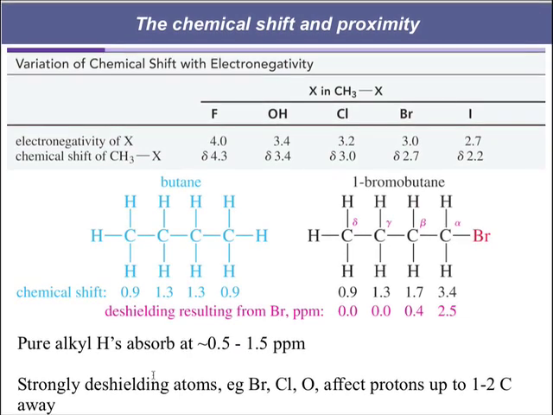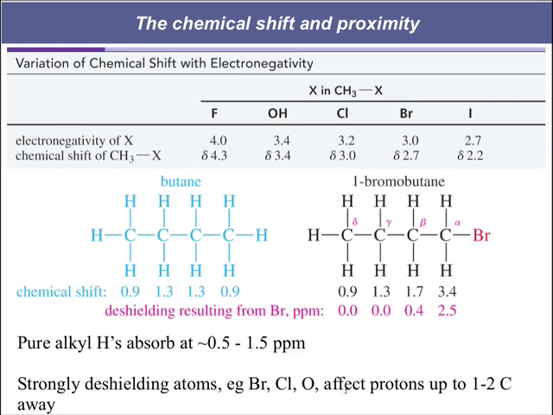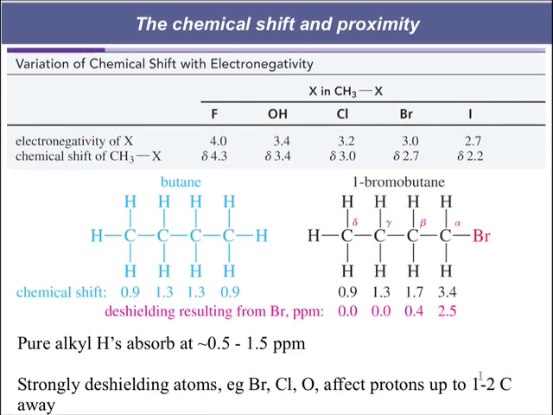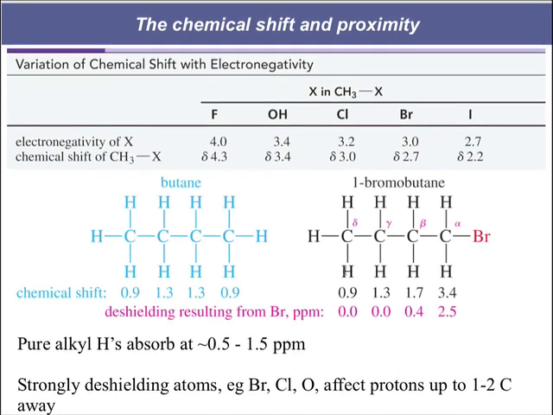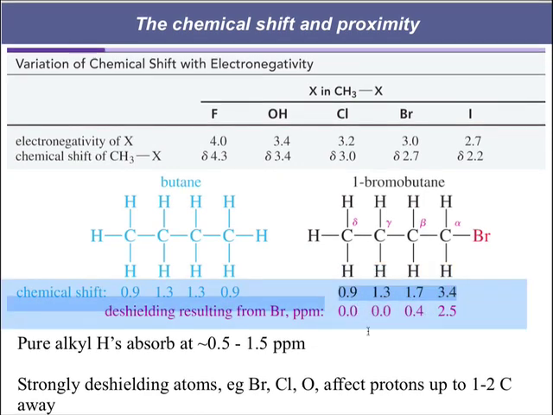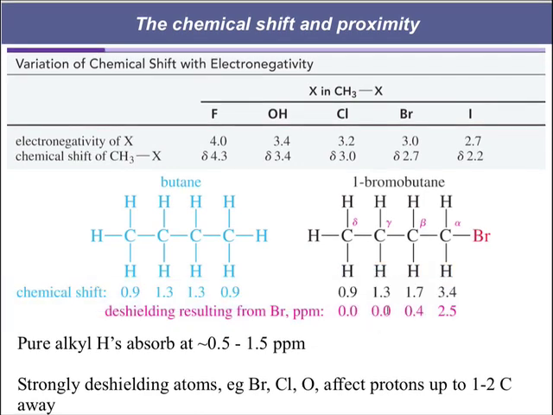So strongly deshielding atoms, that is to say, atoms that are very electronegative and will pull electron density away from their neighbors, for example, bromine, chlorine, and oxygen, will affect protons up to 1 or 2 carbons away, but not beyond that. So we can kind of infer from our observed chemical shifts how far our groups are from a deshielding atom.